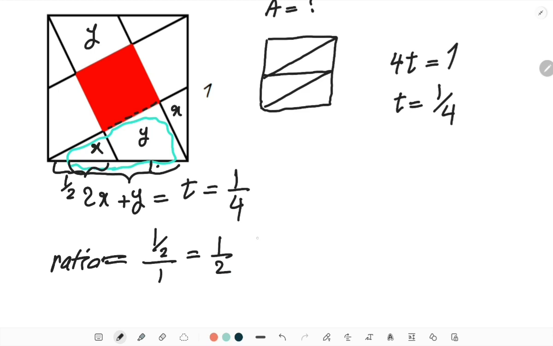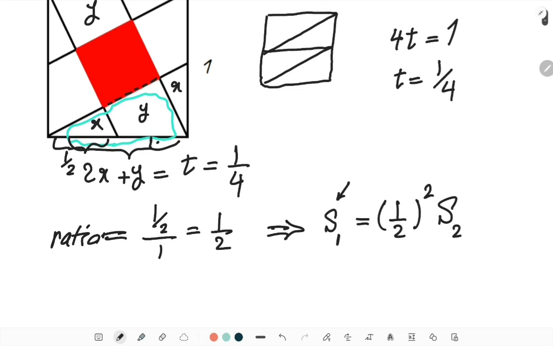And as a result, I can say the area of the smaller triangle is 1 over 2 to the power of 2 times the area of the bigger triangle. So this is what we have from Euclidean geometry. You can feel free to check this relationship. It always exists. But what is the area of the smaller triangle?